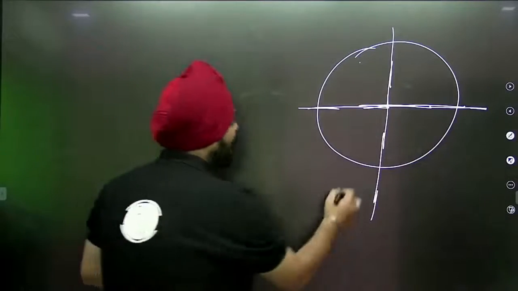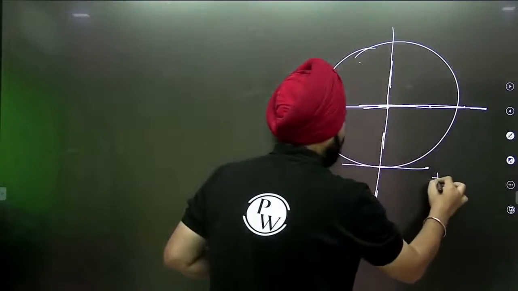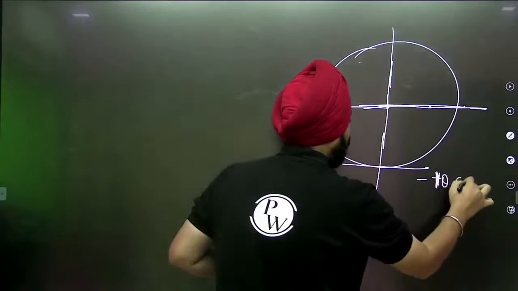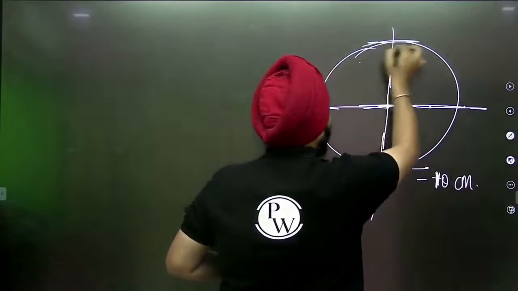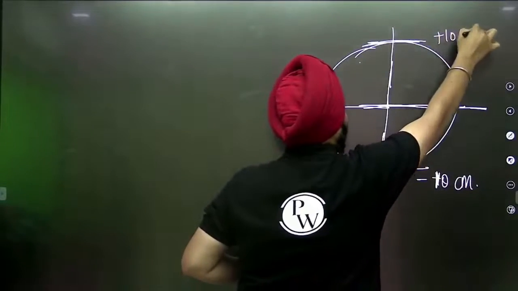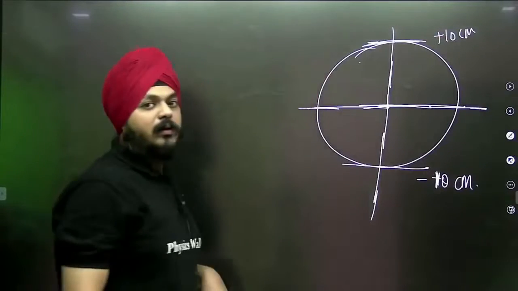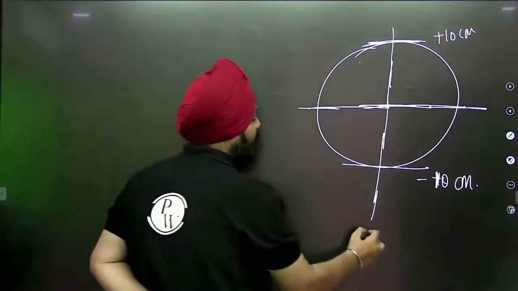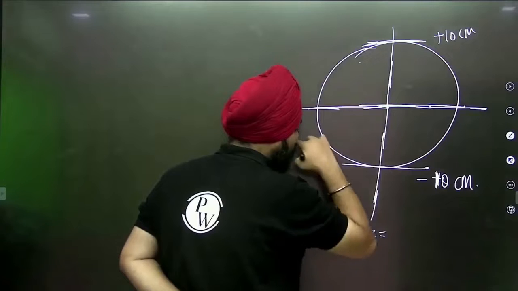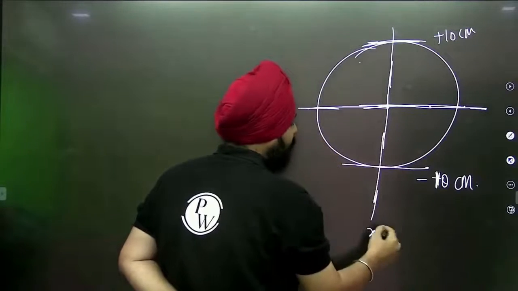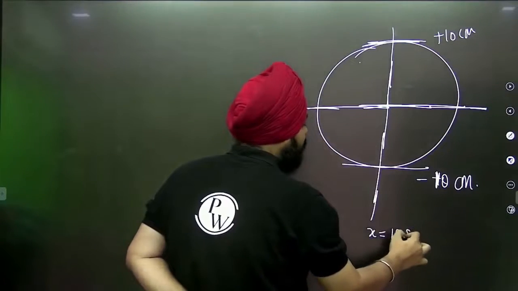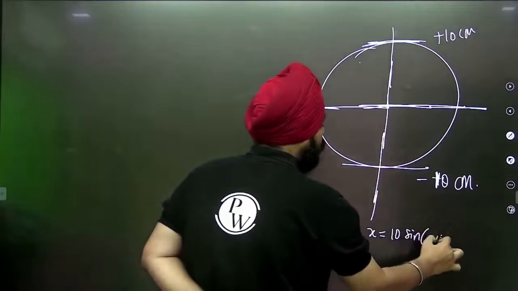Suppose this is negative 10 centimeter, the amplitude, and this is positive 10 centimeter as the amplitude. Suppose a particle is performing SHM, x is equal to 10 sine of 2 pi t.